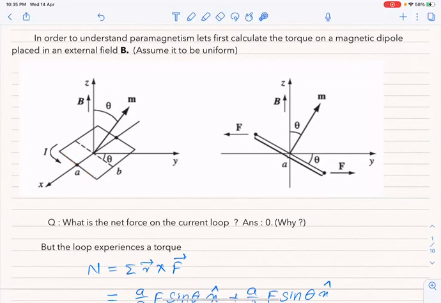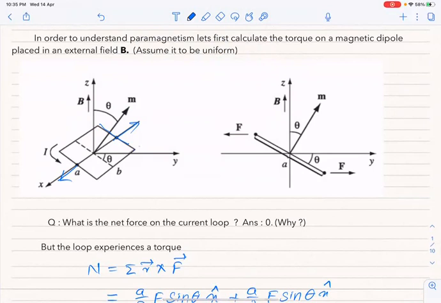If you look at the force, or the dl cross B, as you know, it turns out that the force is along this direction. So for this side, the force will be in this direction, and for the opposite side the force will be along this direction. They are equal, but they cancel each other. They're equal and opposite.